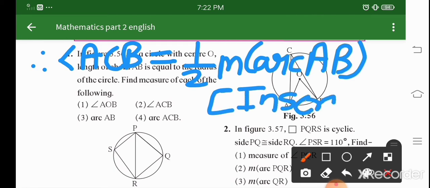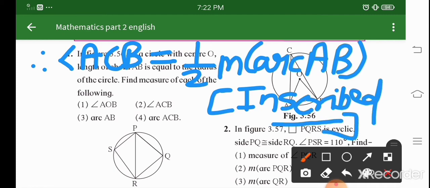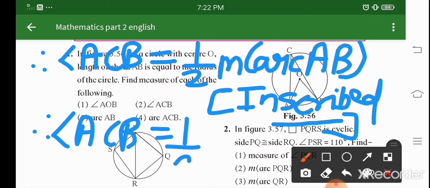Okay, you have to write the inscribed angle theorem. So now, angle ACB is equal to half, and this measure of arc we have found just now, that is 60.